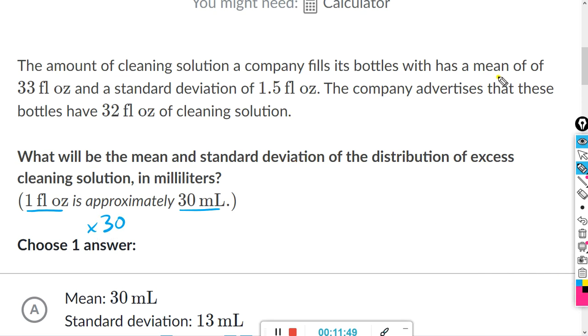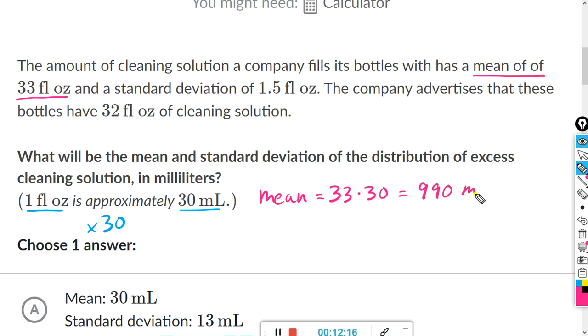All right, so let's see. The mean is 33 fluid ounces. So the new mean is going to be 33 times 30. Okay, 33 times 3 is 99, and you just add the 0.